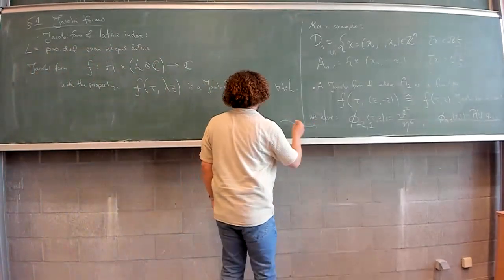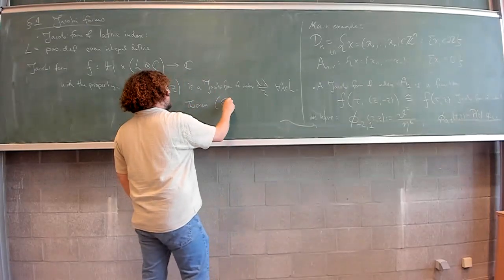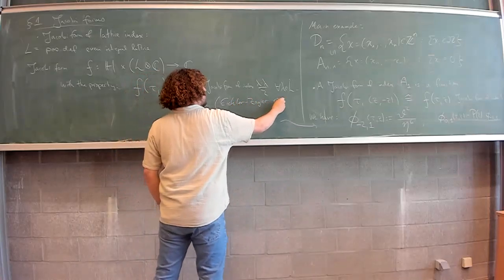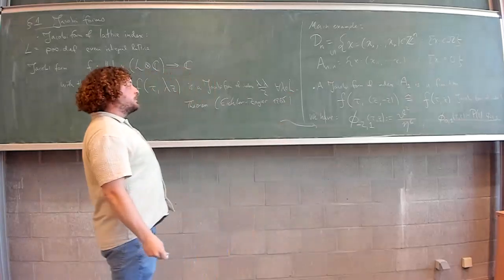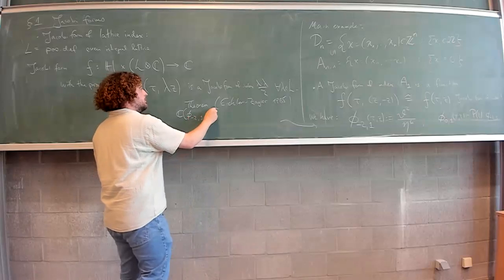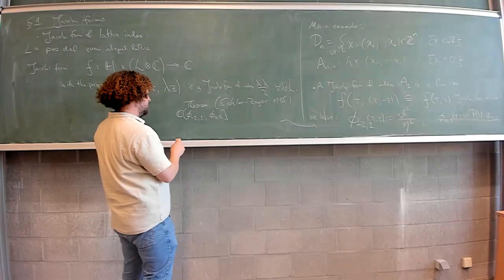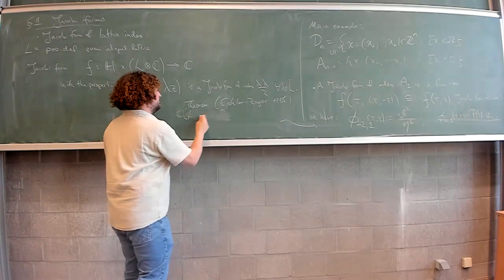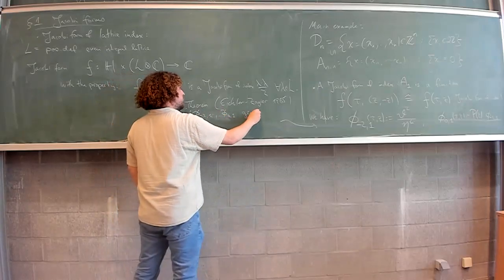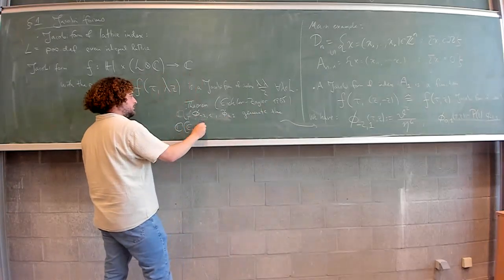And here it's a theorem due to Eichler and Zagier from 1985 that these generate the module.